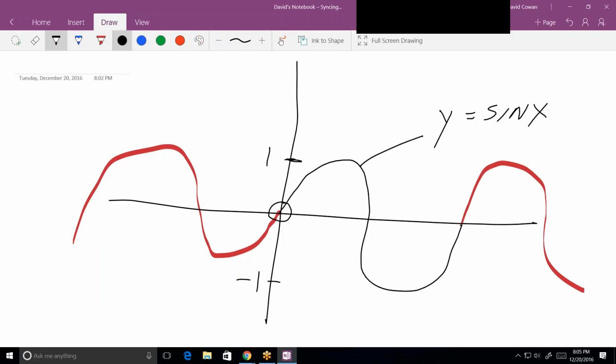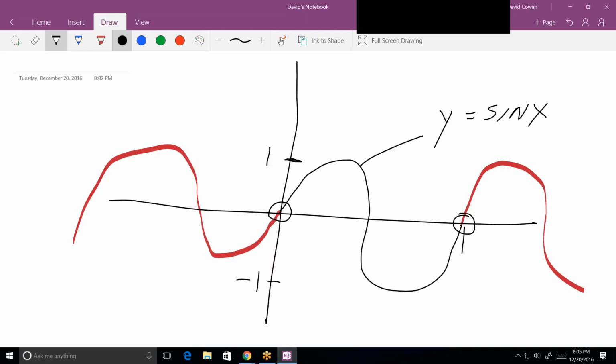And it starts at 0, so the sine of 0 is 0. It starts at 0, goes up to its maximum, turns around, comes down all the way to its minimum, turns around, goes back to 0. There's the starting and ending points circled.